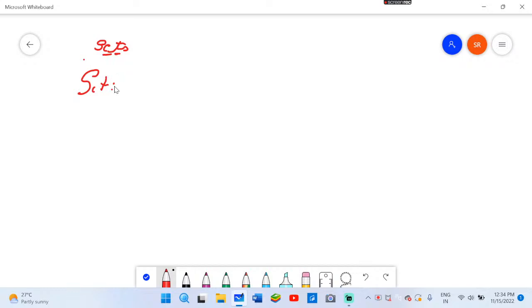Set means well-defined collection of objects. Here the keywords used are well-defined and collection.